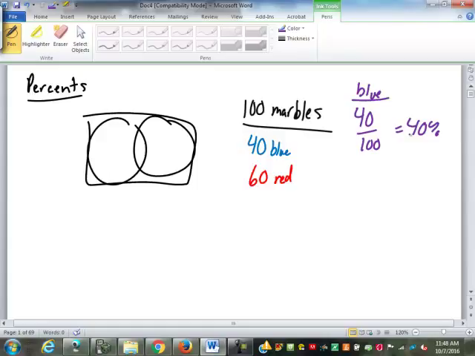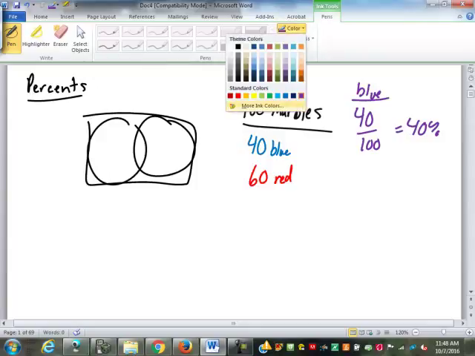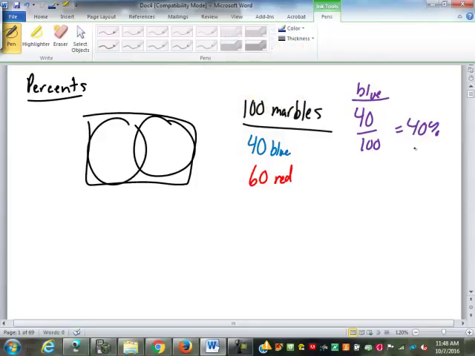Even if I didn't know the total was 100 and I didn't know how many red marbles there were, if I knew that the whole amount, all 100 marbles, was made up of either red or blue marbles, I would know that 60% had to be red. And this is something we call complements.